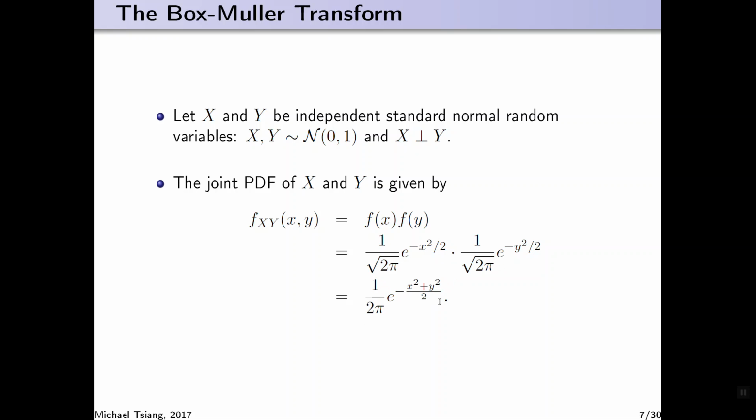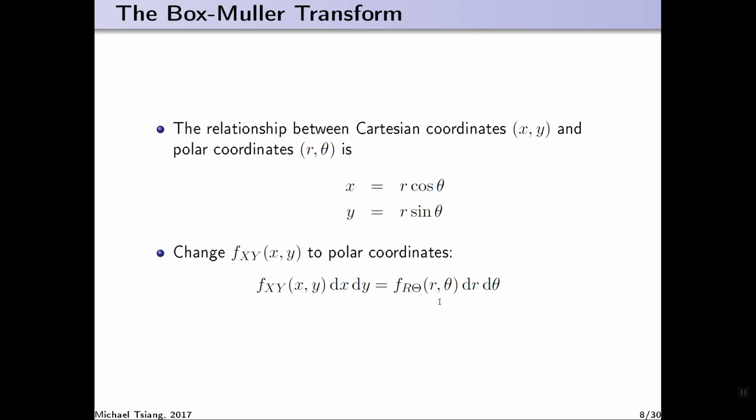And for the Box-Mueller, the brilliance of this is that we are going to take this thing and change to polar coordinates, okay? So if you remember, you guys covered polar coordinates in pre-calc or calc or whatever it is, okay?